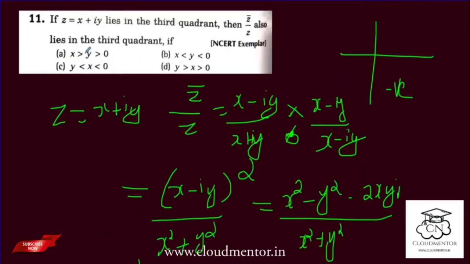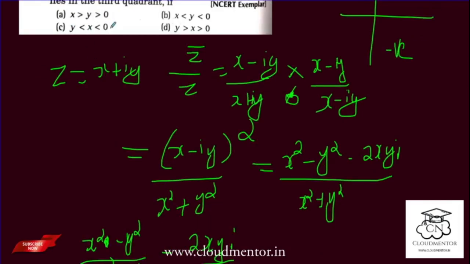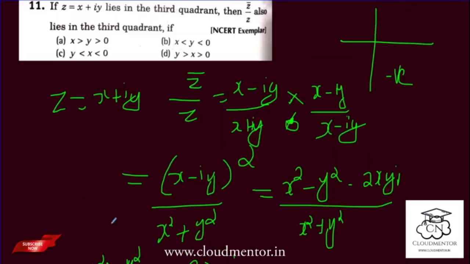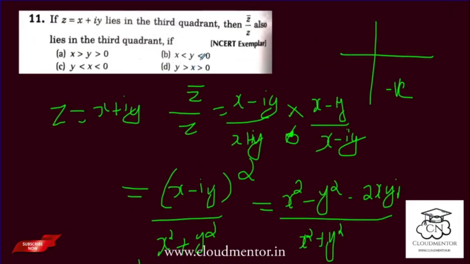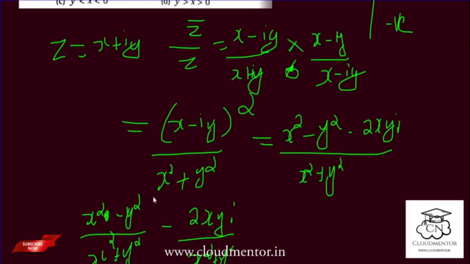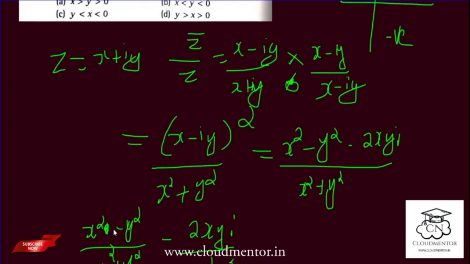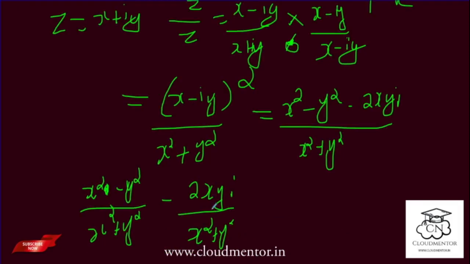Let's look at the first option. If x is greater than y is greater than 0, then it will not be negative. And if x is less than y and less than 0, both are negative, and if we apply that here, the real part will be negative. And let's look at the imaginary part also.